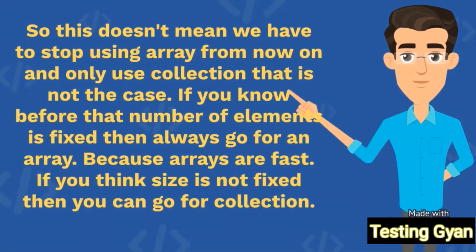This doesn't mean we have to stop using array from now on and only use collection. That is not the case. If you know before that the number of elements is fixed, then always go for array, because arrays are fast. And if you think that size is not fixed, then you can go for collection, obviously.